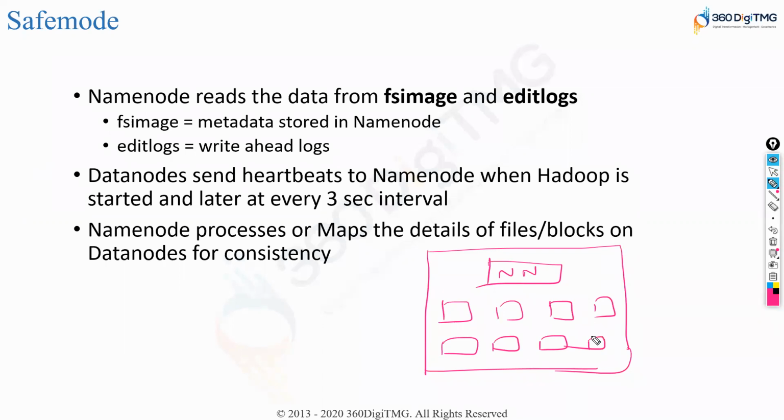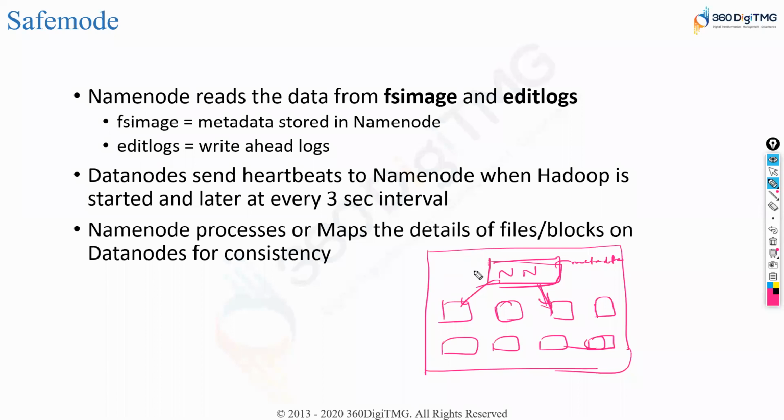When you want to store data or do some kind of task, the name node will assign the task to data nodes, right? And this information is generally updated in the metadata.